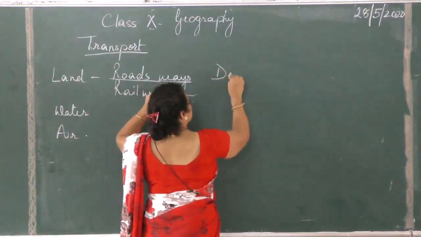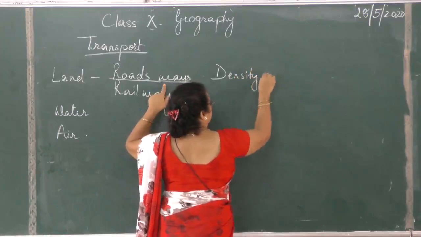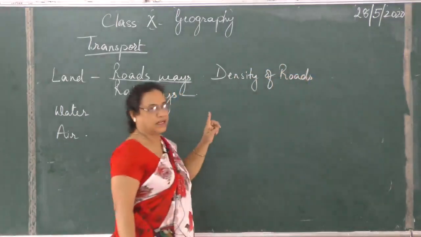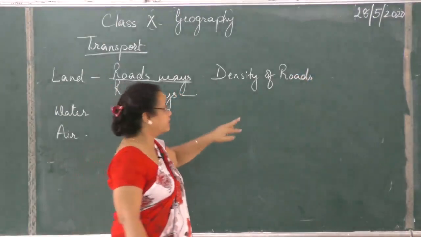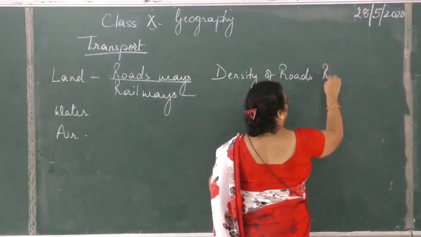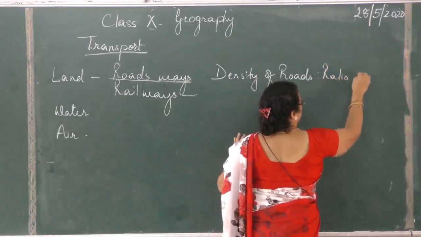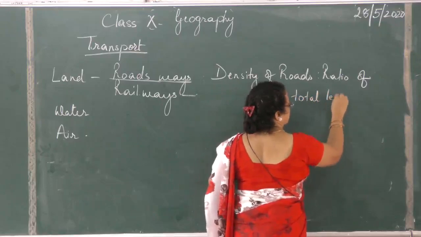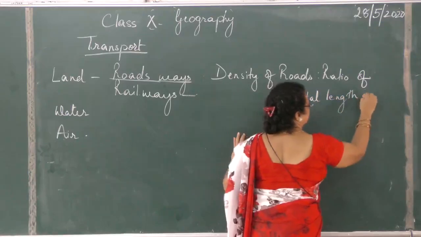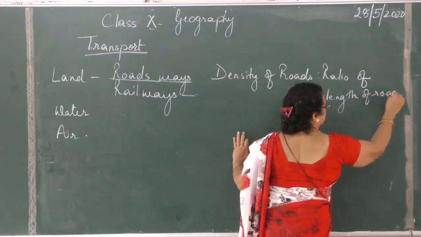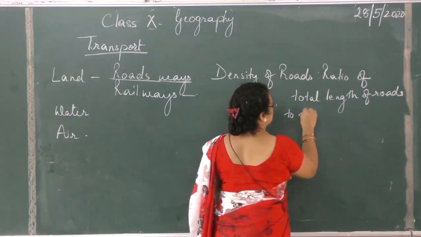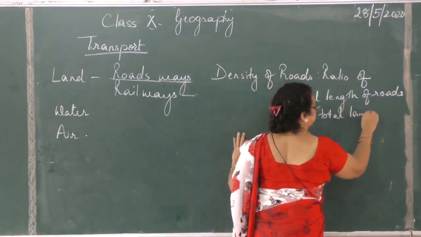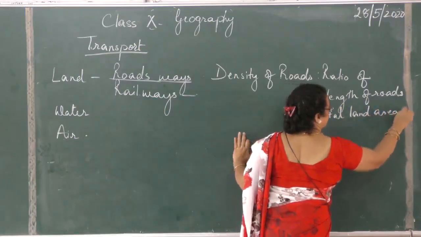That is density of roads. Density of roads, please remember, like density of population, is the ratio of the total length of roads to the total land area in a country.